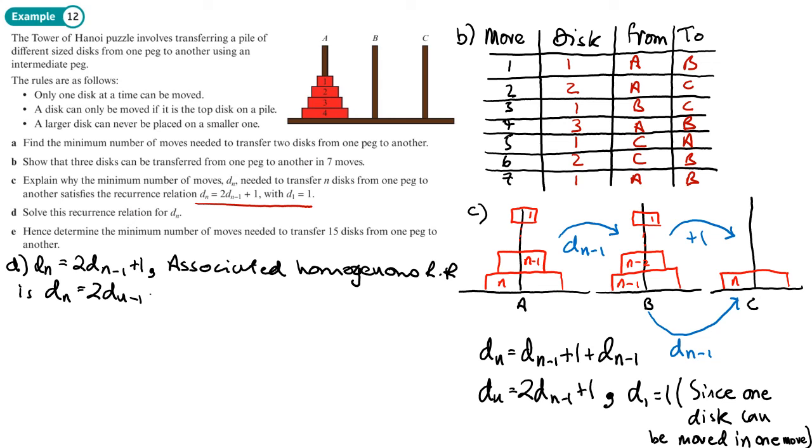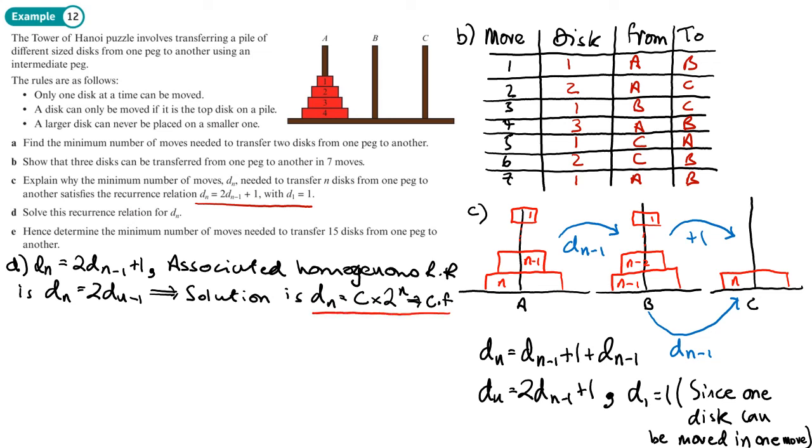Now the solution to this is d_n equals c times a^n, and a in this case is 2, so d_n equals c times 2^n, and this then is the complementary function, CF. So we'll just underline that because we're going to need it in a minute.